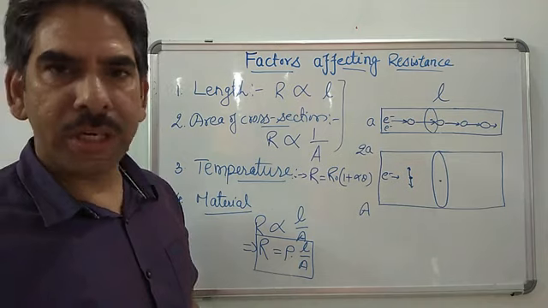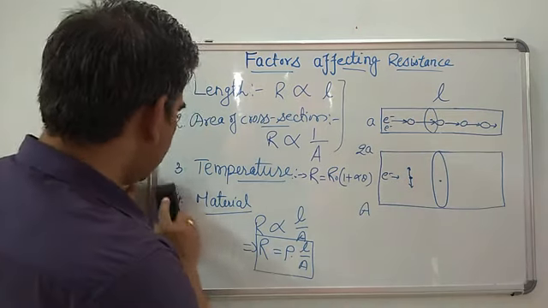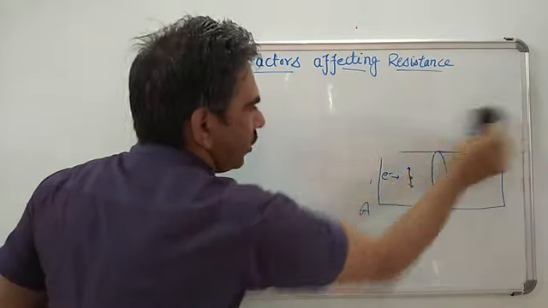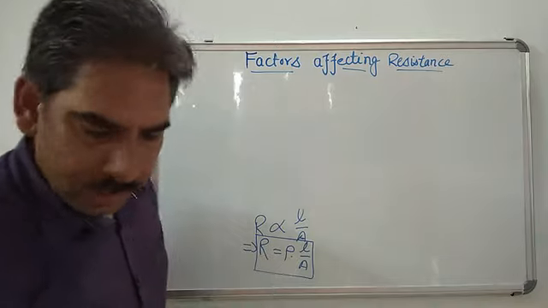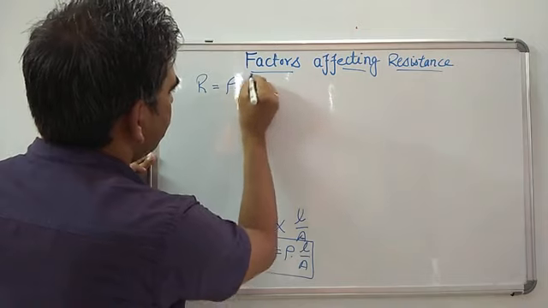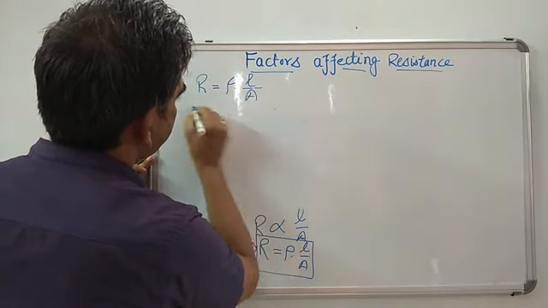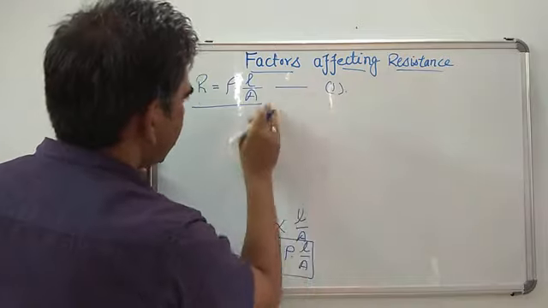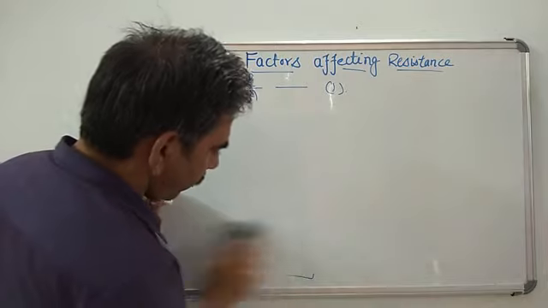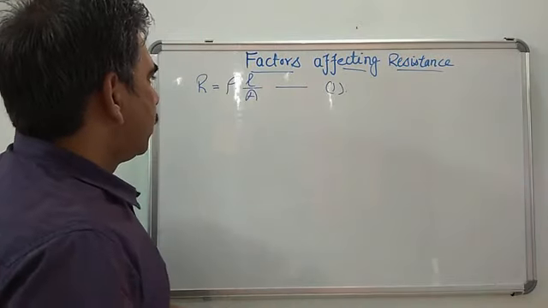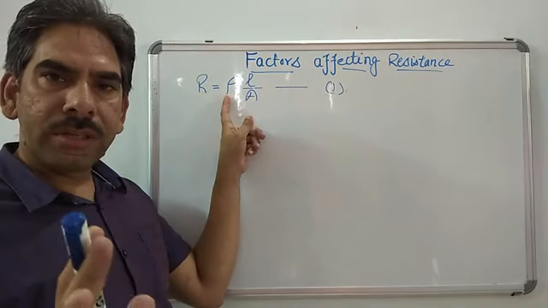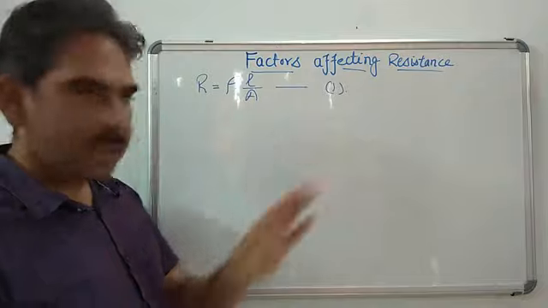This is another very important term which I am going to take up now. So what is the resistivity of a conductor? From here we get the formula R = rho into L upon A. Rho is the resistivity of the conductor, which is a constant for the conductor at a particular temperature.